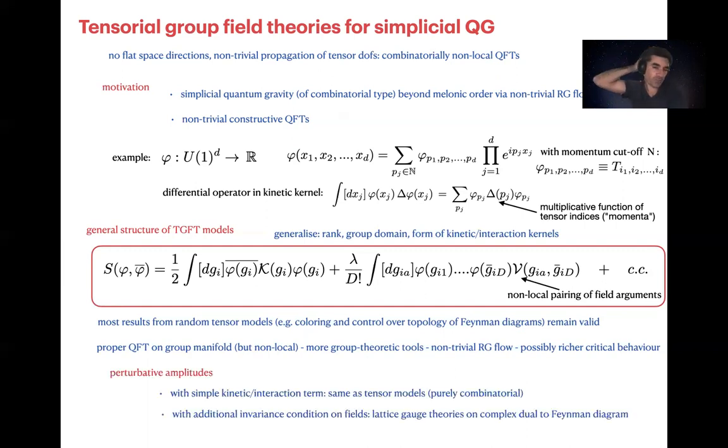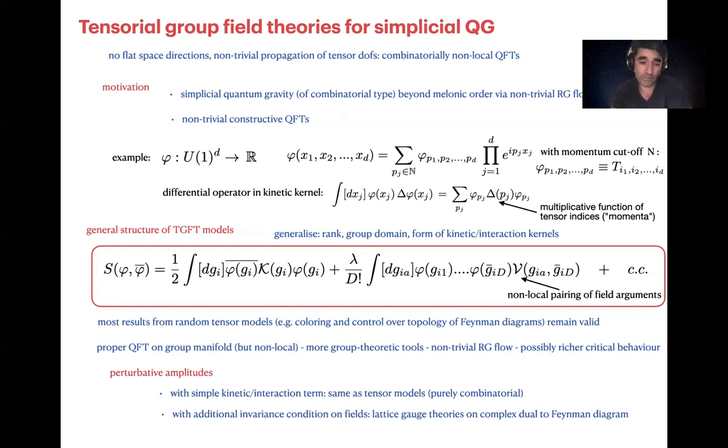Now, the perturbative amplitudes, if the kinetic and the interaction terms remain very simple, are basically the same as in tensor models, so purely combinatorial. But the moment you have additional invariance conditions on the fields or more involved kinetic and interaction kernels, then you may have more involved perturbative amplitudes.